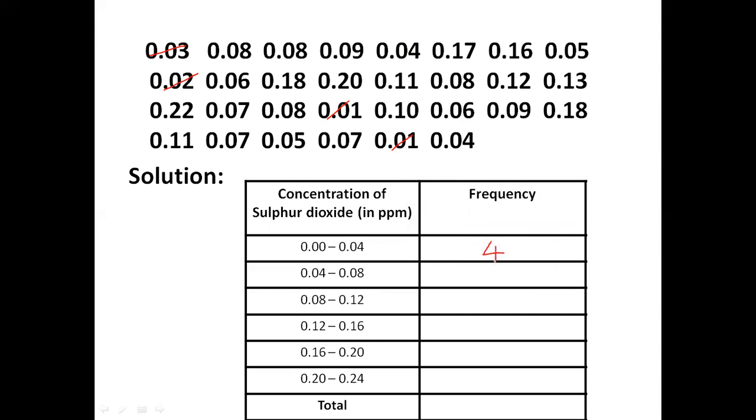Then when we consider 0.04 to 0.08, we did not consider 0.08. So it will be 1, 2, 3, 4, 5, 6, 7, 8, and 9. Now we have to consider 0.08 to 0.12.